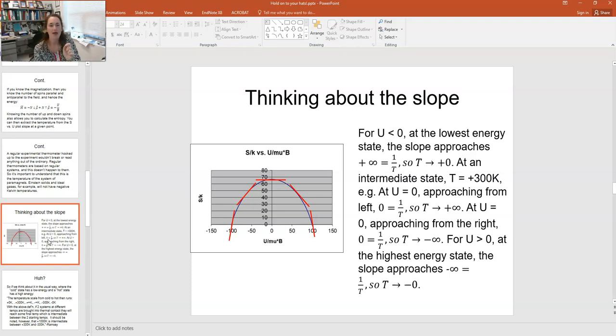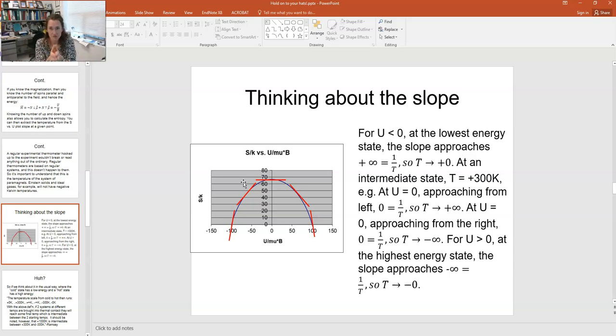Now, as you increase the internal energy U, but stay on the left-hand side of that plot, you'll have some positive finite slope, say at this intermediate spot right here. You could set that positive finite number equal to 1 over T and solve. And maybe you even get something normal like room temperature, 300 Kelvin. So that's what you get in the middle of the left-hand side.